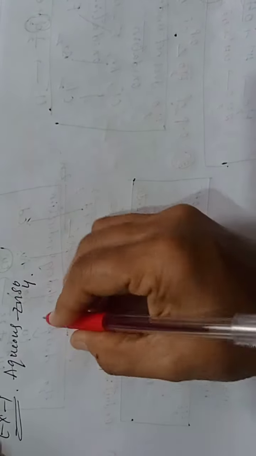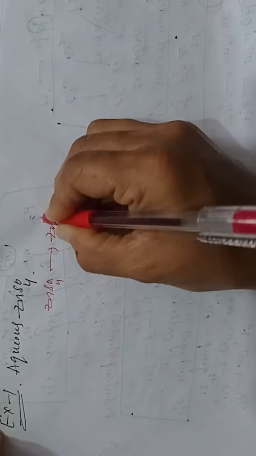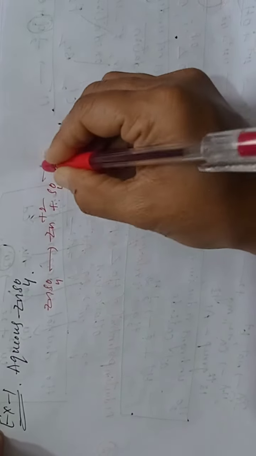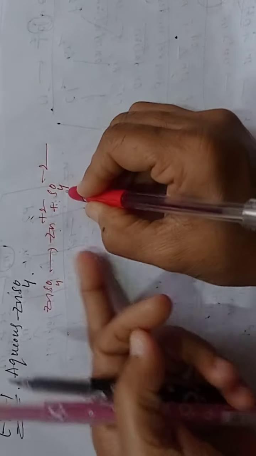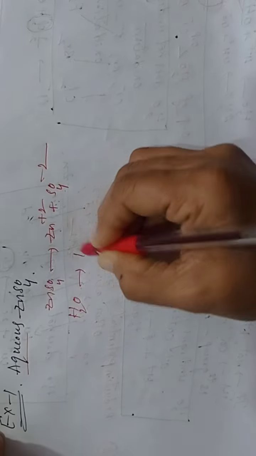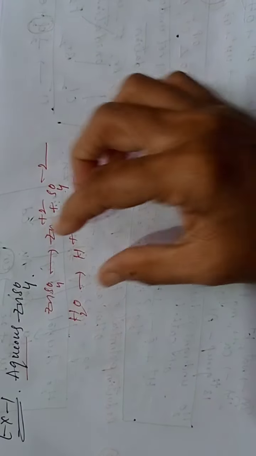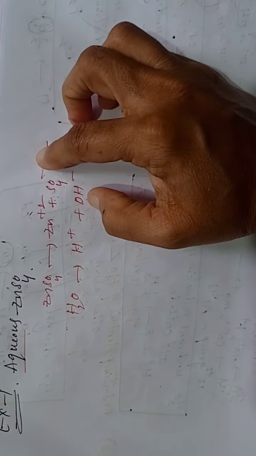Which ions are there, students? Zinc sulfate dissociates into Zn plus 2 and SO4 minus 2. This is the cation, this is the anion. And aqueous means water dissociates into H plus and OH minus ions. So here 2 cations and 2 anions are there.